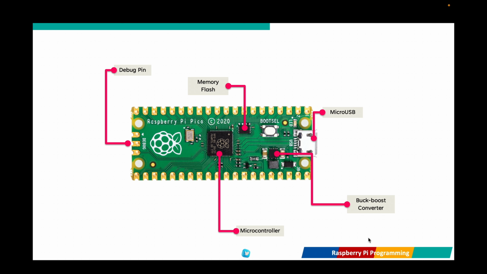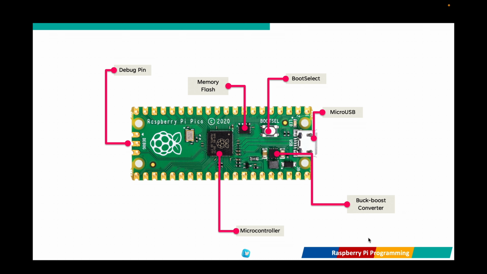The boot select button on the Raspberry Pi Pico is used to put the microcontroller into USB mass storage mode, allowing users to flash firmware into the device.